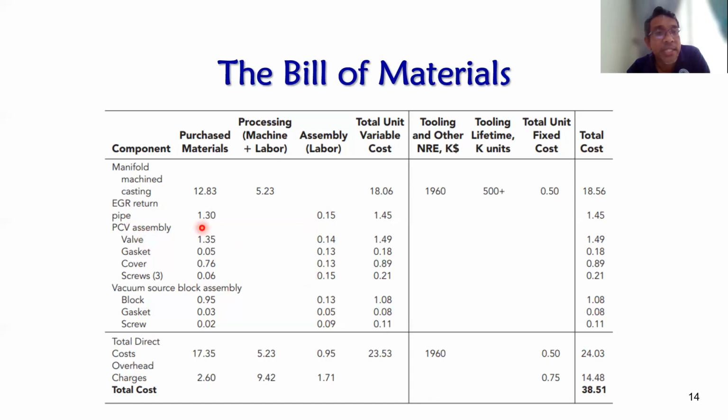The pipe they just purchase, and then the labor for assembling into the manifold, they make a calculation here, and then this is the total variable cost. It is the same for the PCV and the vacuum, which have an assembly cost for labor. This is how they calculate all these total variable and fixed costs.